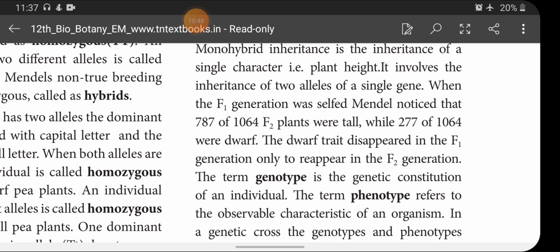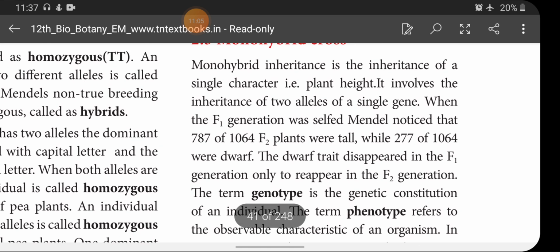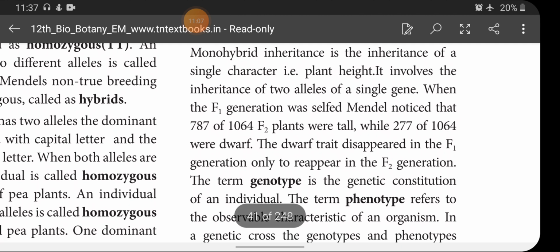Seed shape, one is round, another one is wrinkled. And pod color, pod shape, flower position, stem height, in all those, all the genes consist of two alternative forms. So that's what they are explaining here. Monohybrid inheritance is the inheritance of a single character, that is plant height.